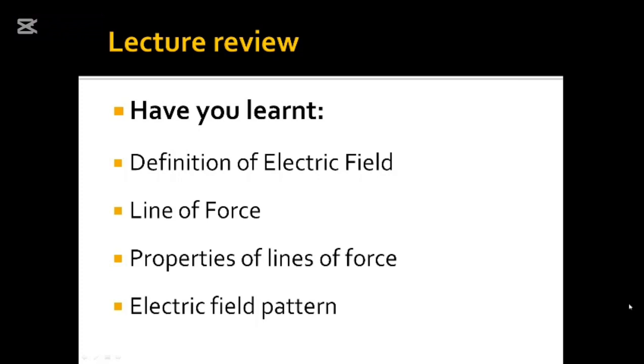Maybe we can take you on a brief summary. The definition of electric field was said to be a region in which a particular charge is able to express its force to be influenced by other charges around, or a region in which other charges feel the force of a particular charge.